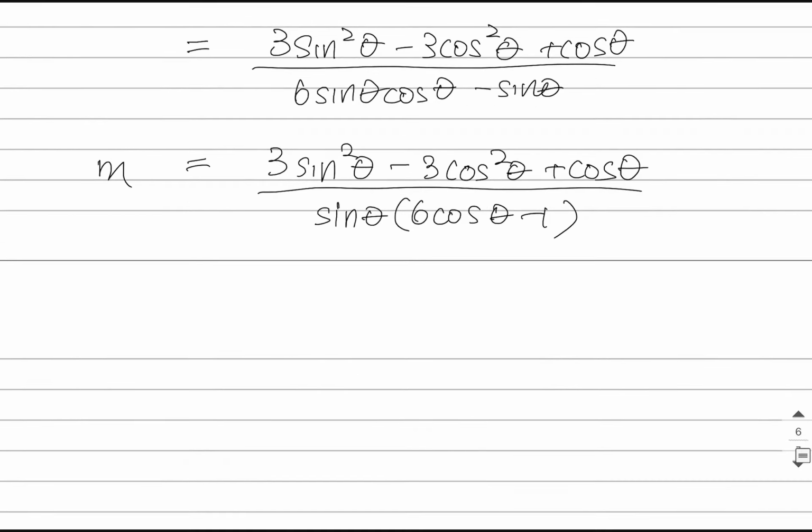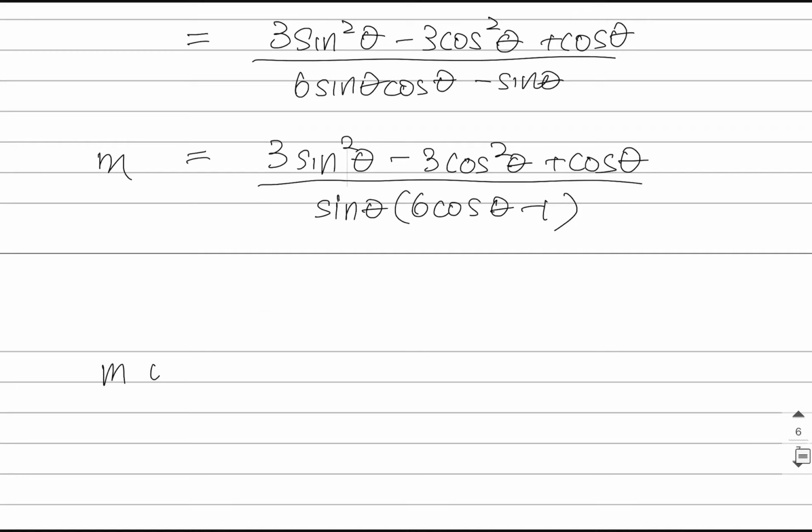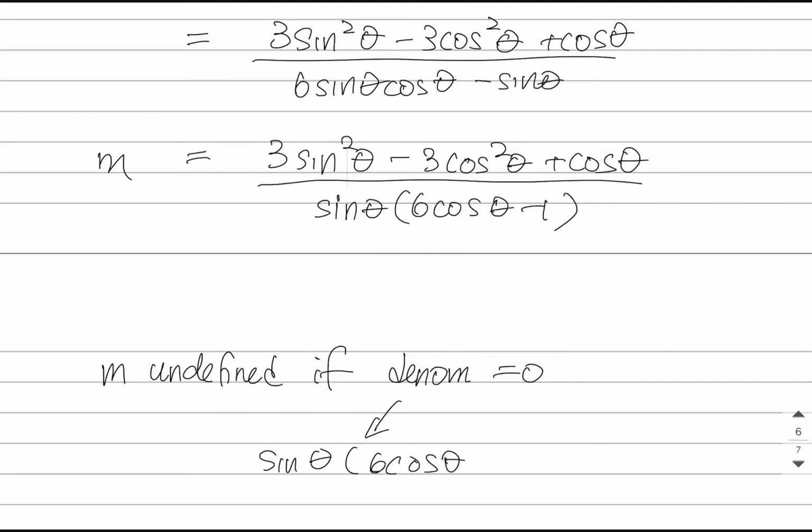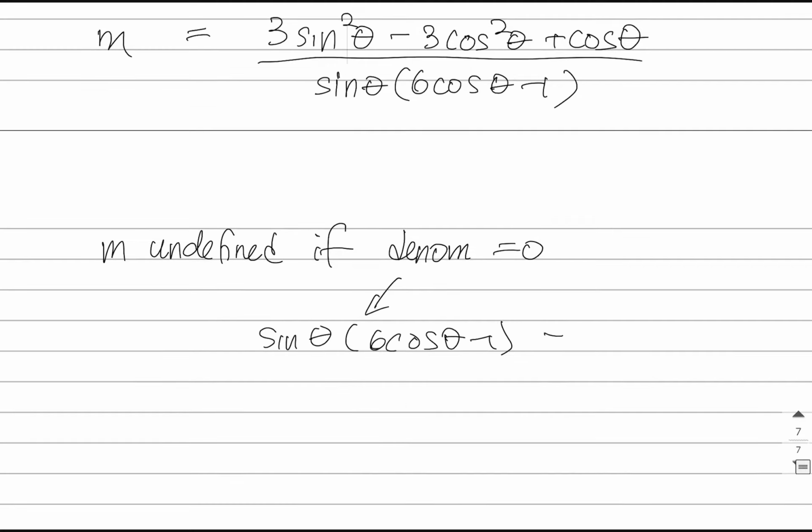Now, as we discussed, we will say the slope is undefined if the denominator is equal to 0. Well, the denominator has two parts, sine theta and 6 cos theta minus 1. The only way that the denominator can be 0 is if each of those factors ends up giving me 0. So it's either sine theta is 0 or 6 cos theta minus 1 is 0.